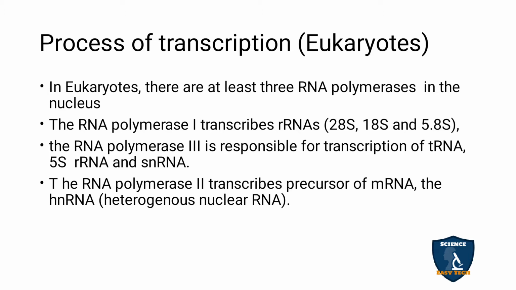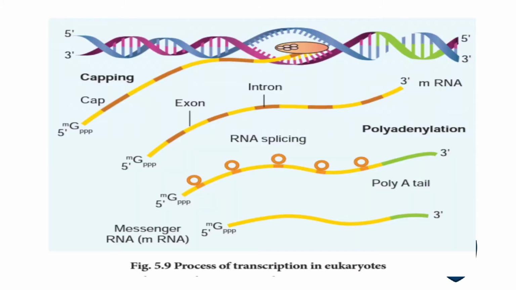RNA polymerase 3 is responsible for transcription of tRNA, 5S rRNA and snRNA. RNA polymerase 2 transcribes the precursor for mRNA, the heterogeneous RNA, hnRNA, that means heterogeneous nuclear RNA.